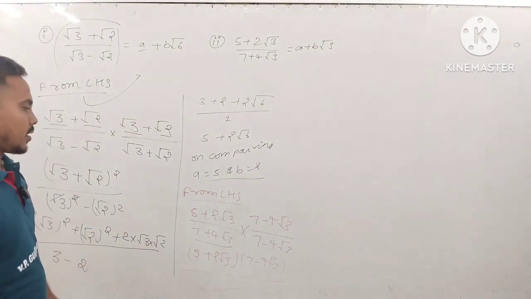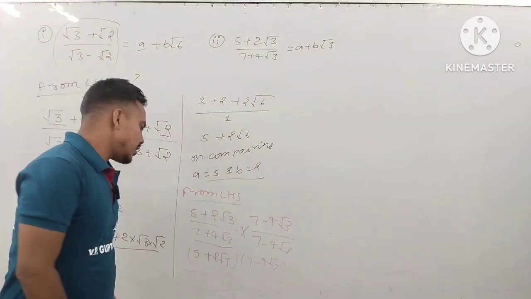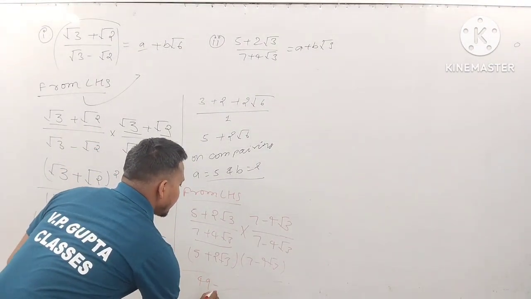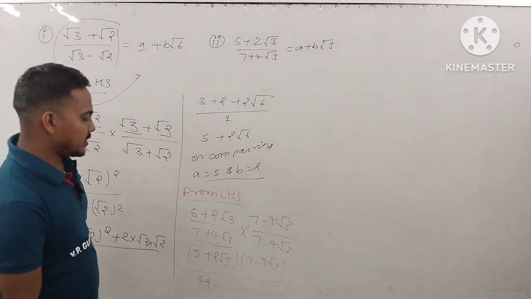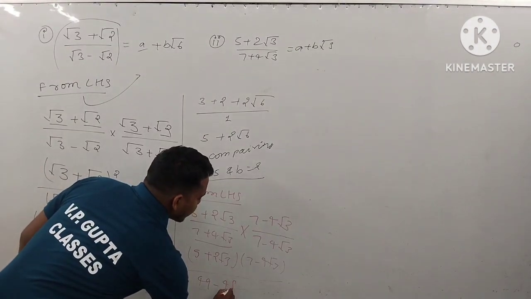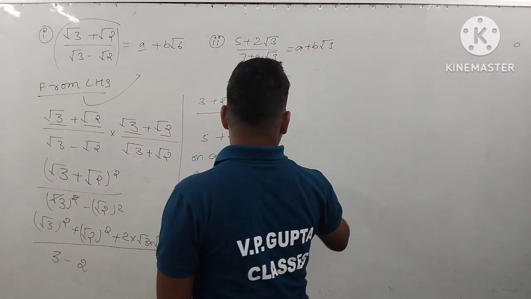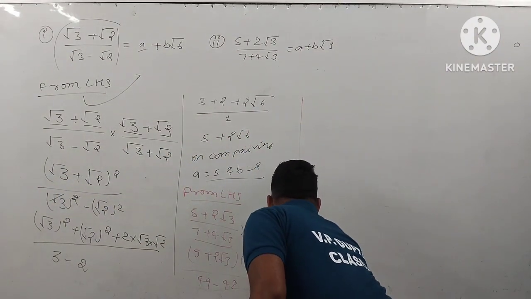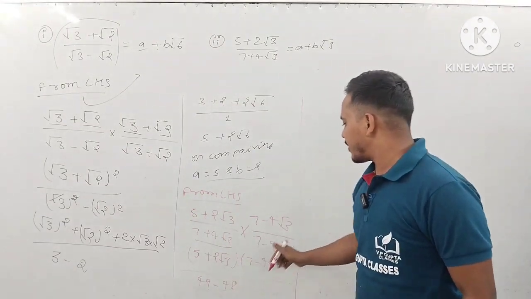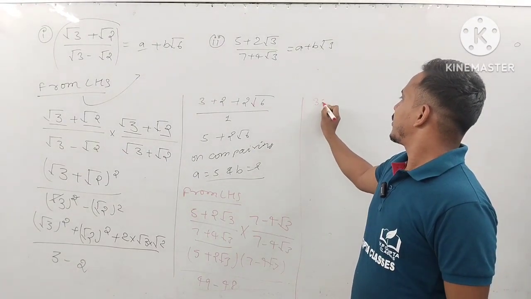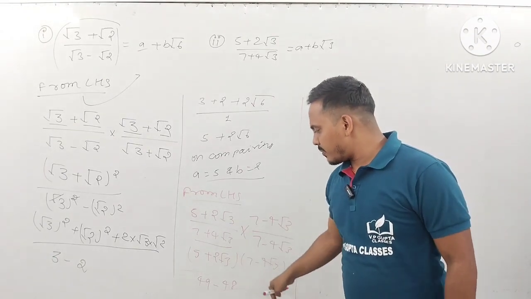Here 7 sevens are 49, 4 fours are 16, and 16 threes are 48. Now 5 sevens are 35. Now we multiply these two terms.